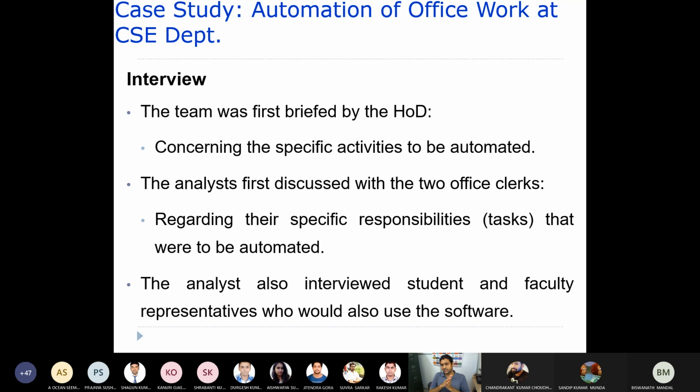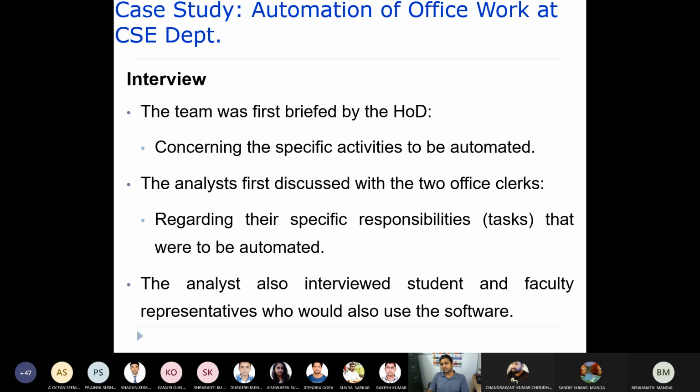He will first discuss with the office clerks, as we discussed in the previous slide. There are two office clerks, so as to find out what specific tasks need to be automated. He will carry out certain interviews with the clerks.